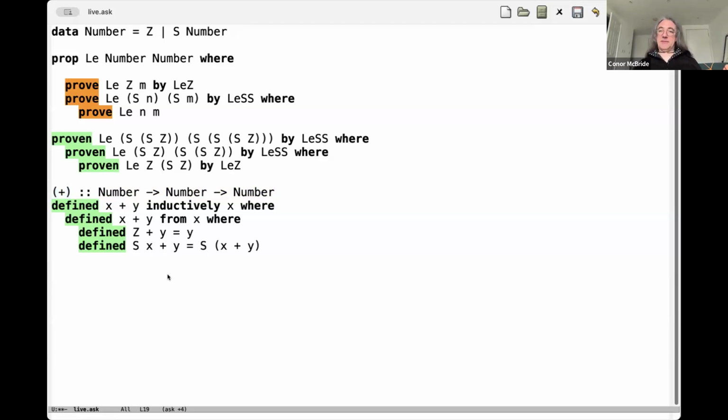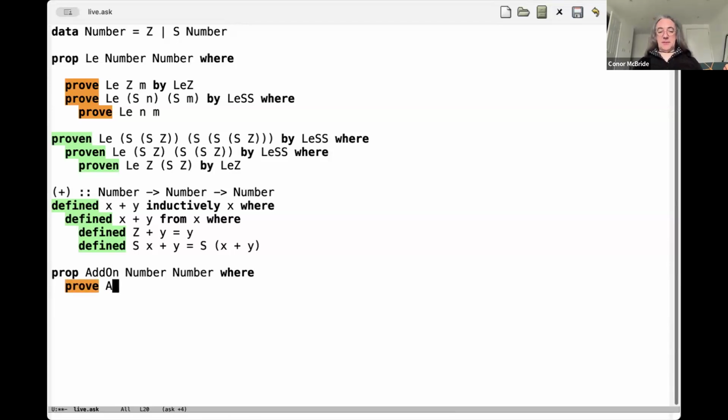Anyway, I'm going to define a relation that says how to get from one number to another by adding. So that's prop add on number. So it's a relation between two numbers. And there's one way to prove it.